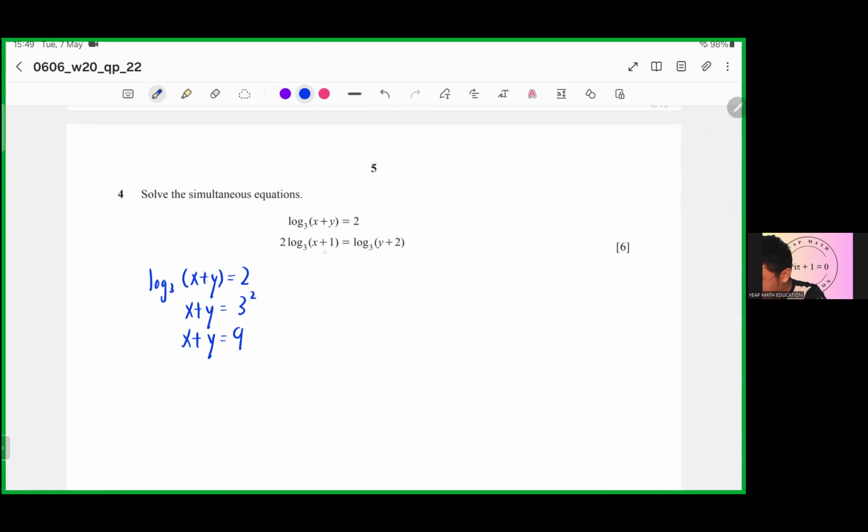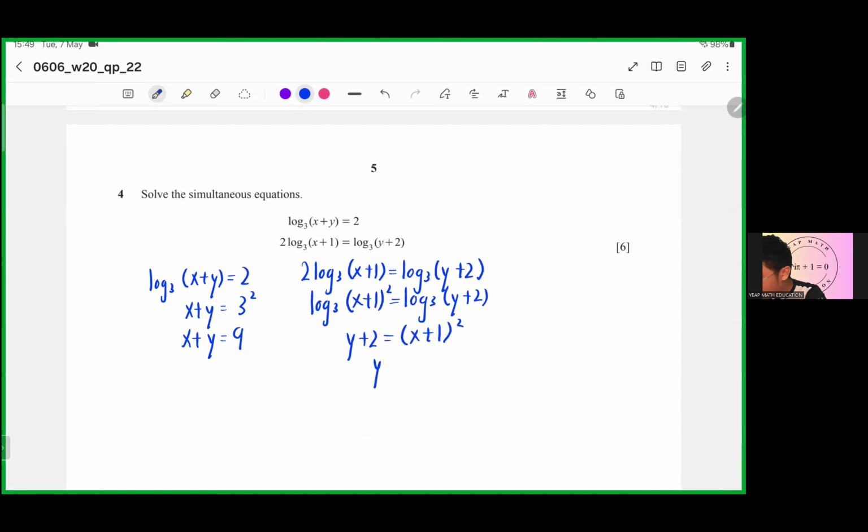And then we see the second equation. After that I can write log₃(x + 1)² equals log₃(y + 2), and then I can write y + 2 equals (x + 1)². So y equals (x + 1)² − 2.